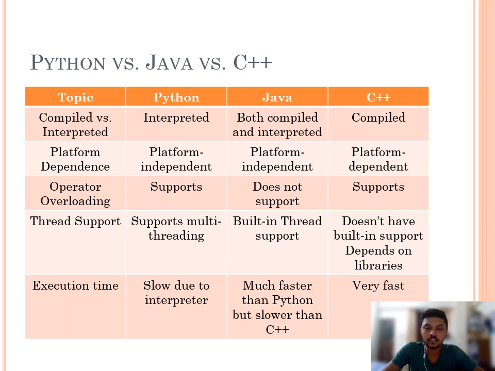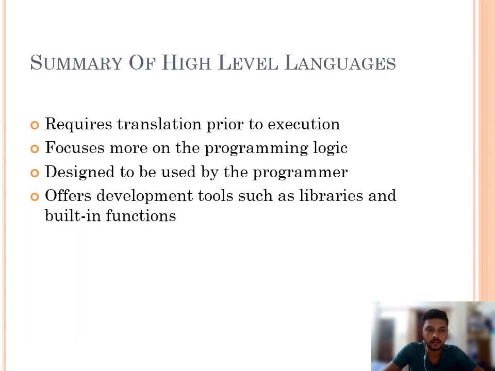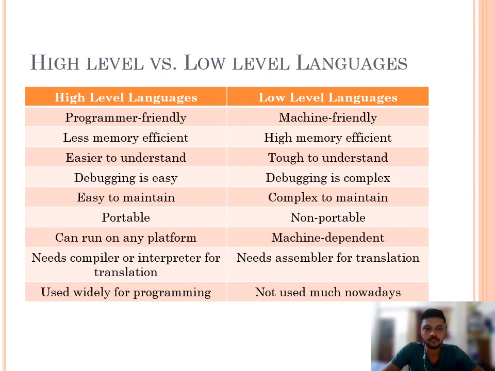Also, C++ is the fastest language among the three, and Python is the slowest. Python and Java are platform independent, while C++ is platform dependent. In summary, high-level languages are more user-friendly, need translation before execution, and are more problem-oriented.